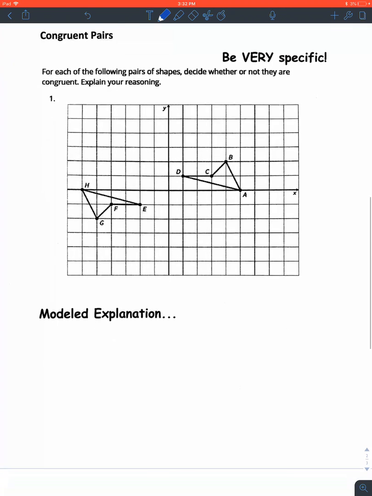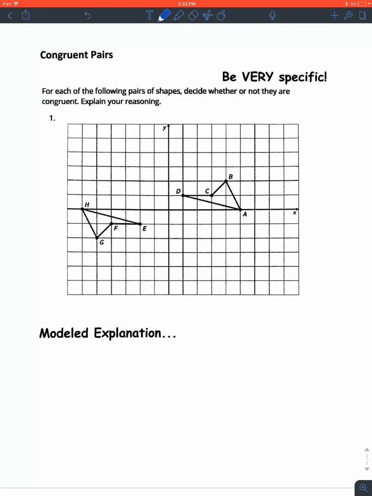All right, if you flip your papers over, the activity today is called congruent pairs, and the idea is going to pull off of yesterday when we had to be very, very specific in how we were explaining what is going on. We were talking about congruent rectangles yesterday. Today we're just going to talk about polygons. So for each of the following pairs of shapes, decide whether or not they are congruent and explain your reasoning.